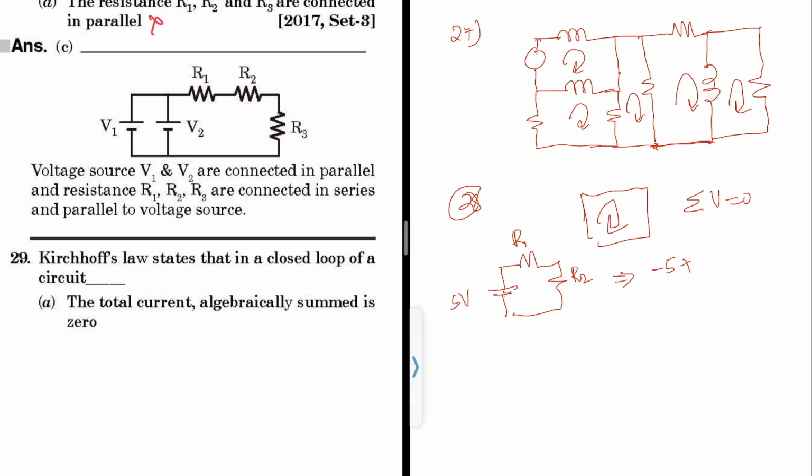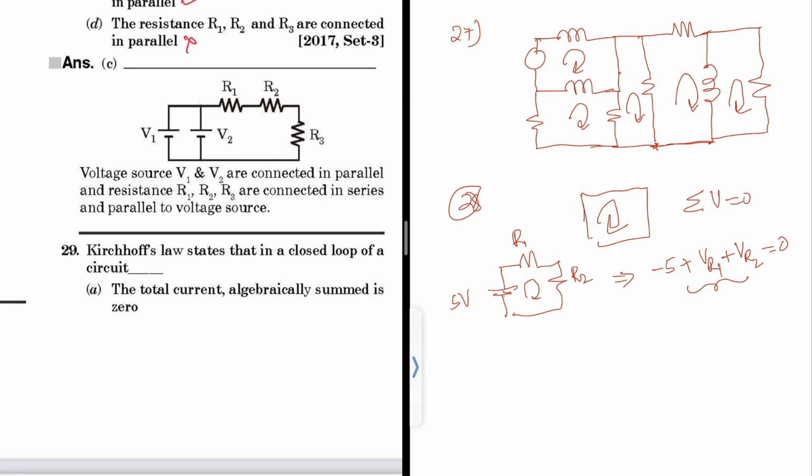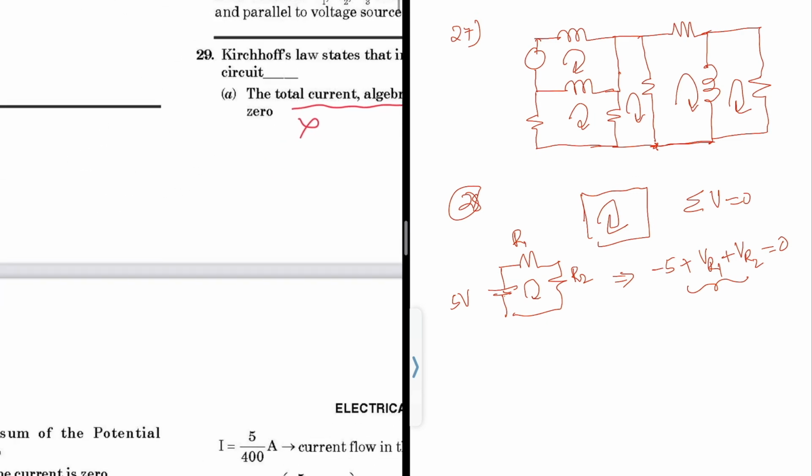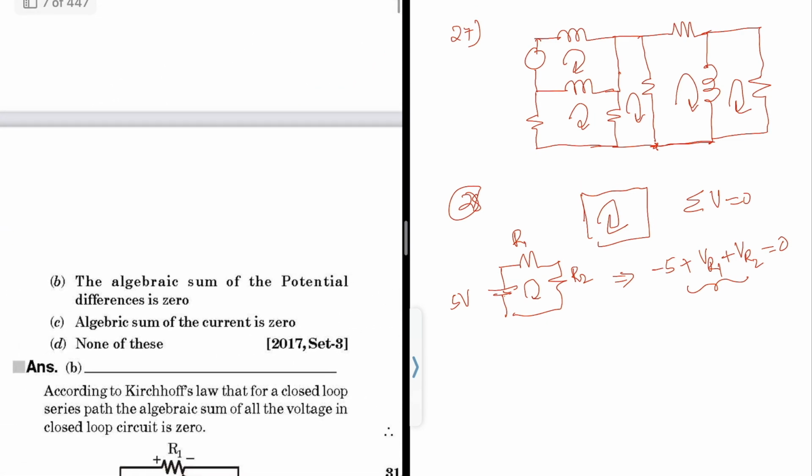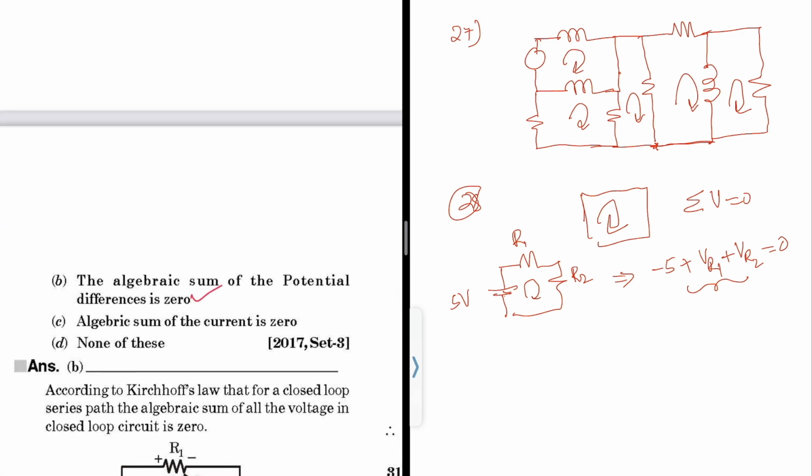Minus 5 plus voltage across R1 plus voltage across R2 equals 0. Means across the loop, the sum of the voltages will be 0, right? So "the total current algebraic sum is 0" is wrong. And the algebraic sum of the potential difference is 0, right. "Algebraic sum of current is 0" is wrong. So option will be B.